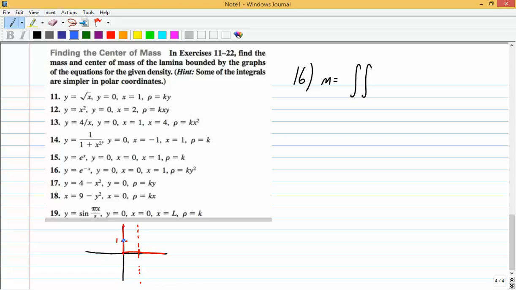So this goes out like that, and when x is 1, that's going to be 1 divided by e to the first power. So it's already getting small, and this just continues to go out and out forever. Okay, so I guess we're talking about this region right here. And that's what we're trying to figure out the mass of.